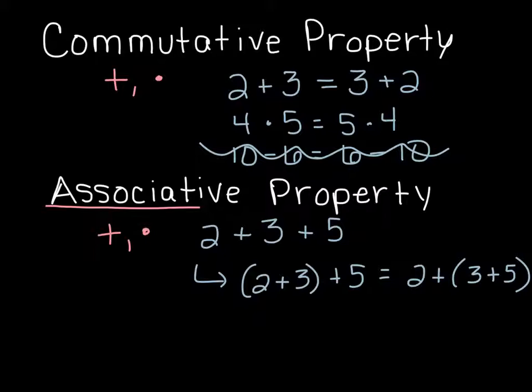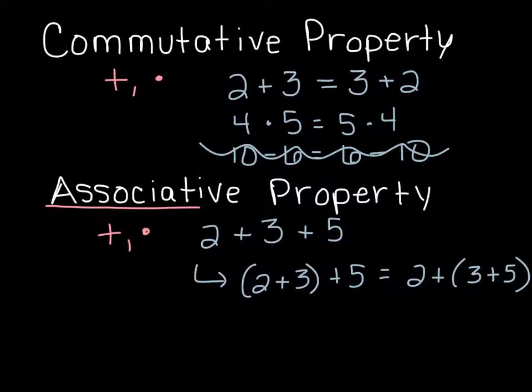Here I'm doing the 2 and the 3 together first. Here I'm doing the 3 and the 5 together first. Notice the numbers stay in the same order, 2, 3, 5, but switching the location of the parentheses switches where I'm starting the problem. But I'm going to get the same answer either way. Let's see, 2 plus 3, that would give me 5, and then 5 plus 5 is 10. Or over here, 3 plus 5 is 8, and then 2 plus 8 is also 10.